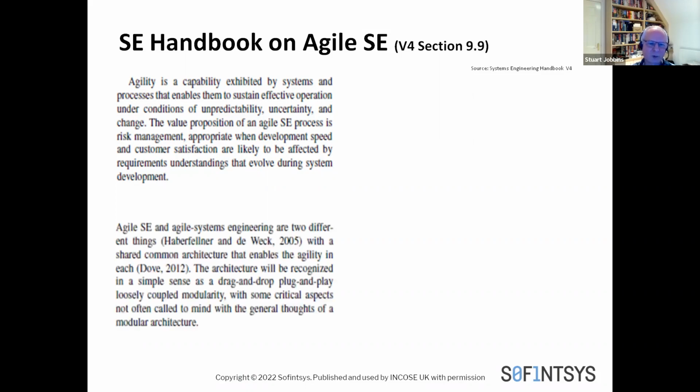The bit that I have more problem with is where it says Agile processes for systems engineering and Agile systems engineering are two different things. Tick, agree with that, with a shared common architecture. I'm not sure where that cropped up from, because I don't see anything that suggests there's a shared common architecture between Agile processes for system engineering and Agile systems engineering, which is about providing a modular architecture.